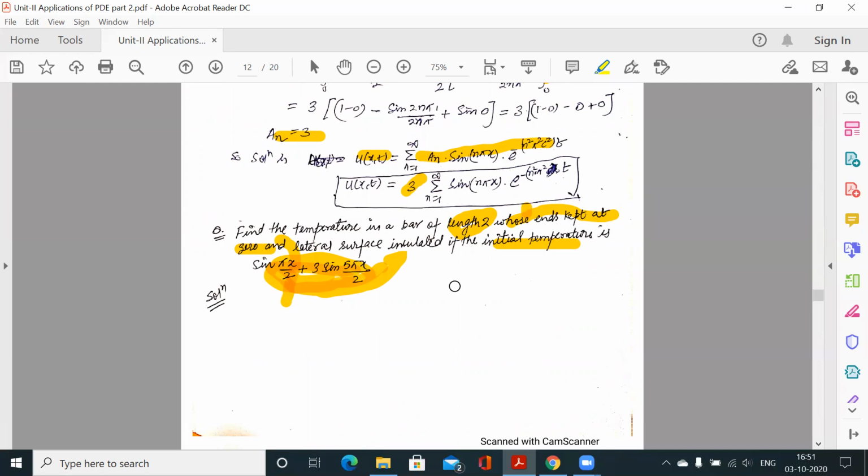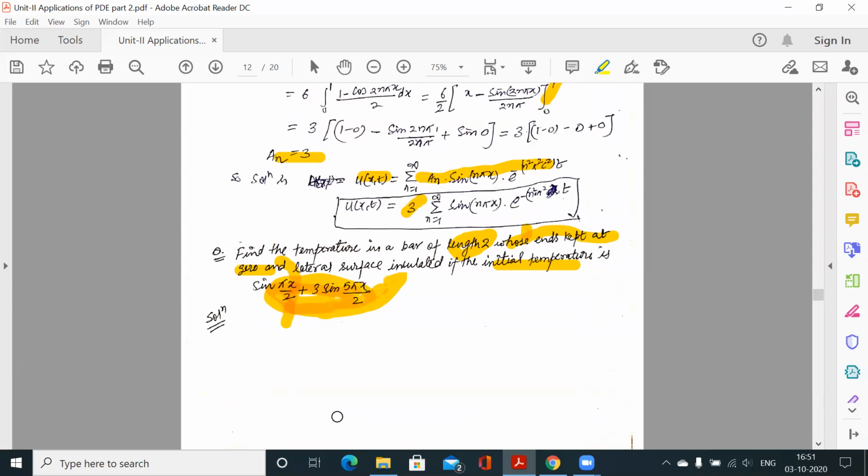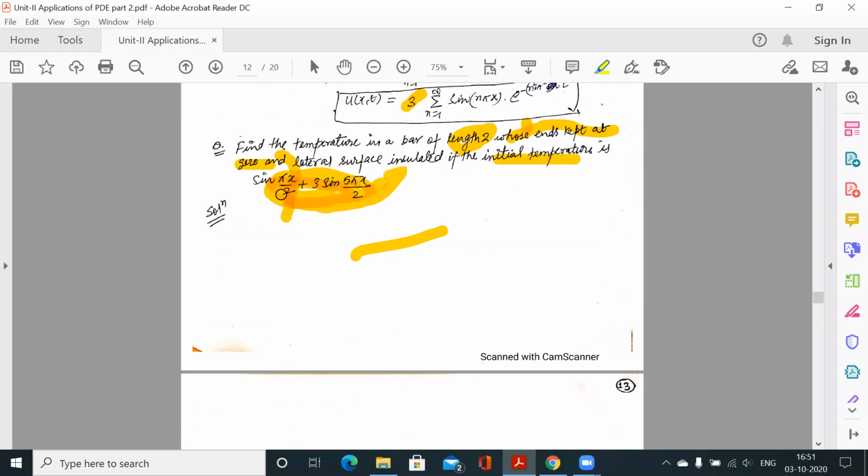I found it difficult to explain those cases in the online classes. So whenever we are in the classroom, we will discuss the remaining cases where both ends are not at 0 temperature. So this is still unsolved. You solve this question. It is a very easy question. This is f(x). The length is 2, and the rest of the conditions are the same.